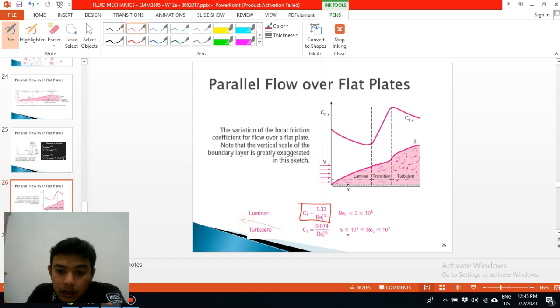But for turbulent, in between 5 times 10 to the power of 5 and 10 to the power of 7, the formula is 0.074 divided by the Reynolds number to the power of one fifth. So this is for turbulent, and this is for laminar.